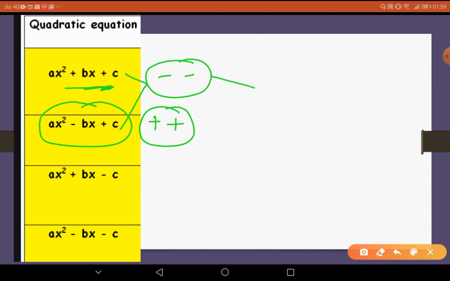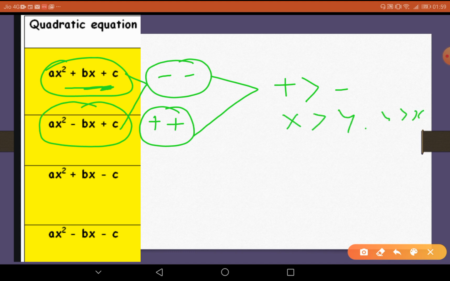From here you can interpret that whenever we get two equations like this, the plus plus one will always be greater than the minus one. So you can accordingly write x greater than y or y greater than x, whatever the question is. So the first trick is, just by seeing two questions in such a format, you can get 1 mark within 5 seconds.